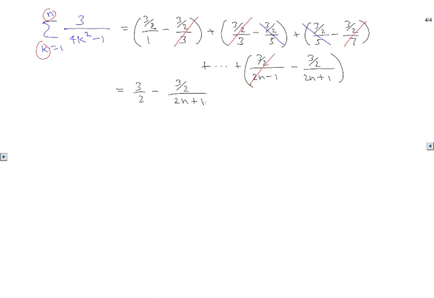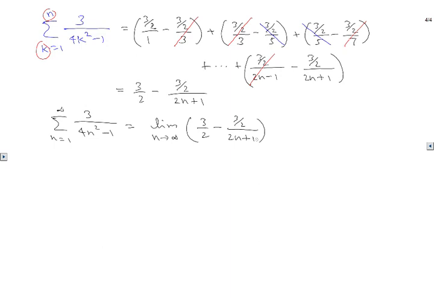So now what we can do is take the limit. The actual sum of the series, going from 1 to infinity of 3 over (4n squared minus 1), equals the limit of this sum when n goes to infinity: 3/2 minus (3/2) over (2n plus 1).